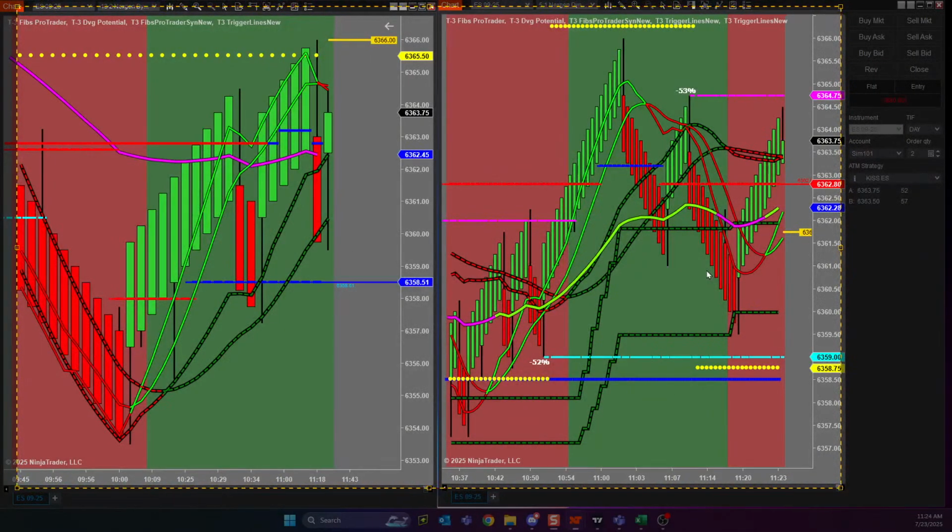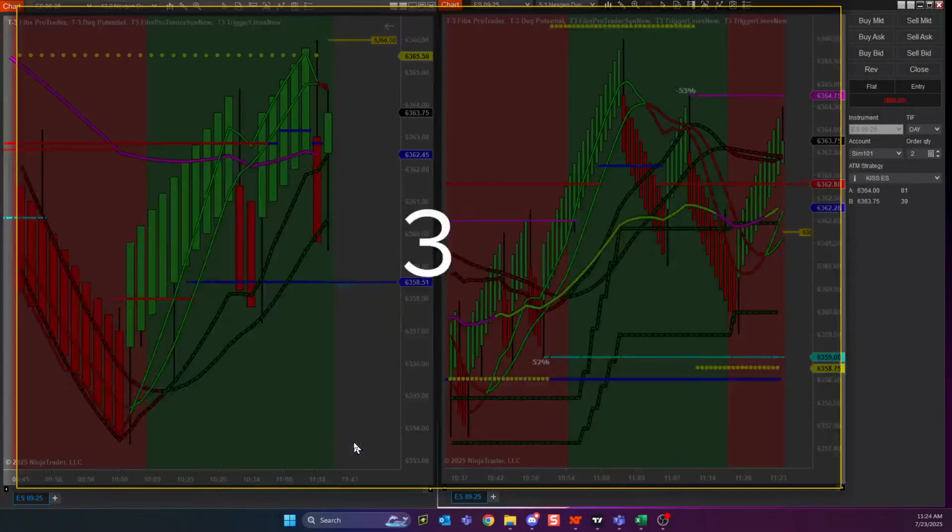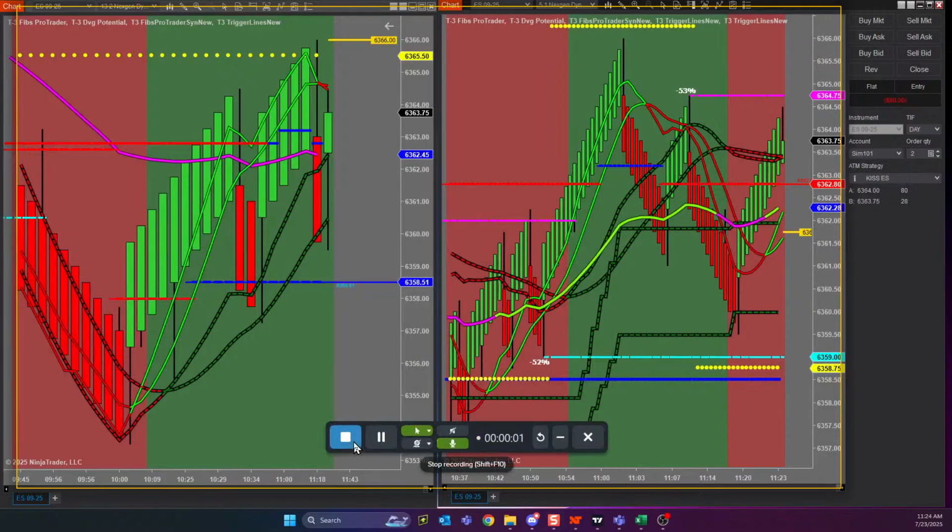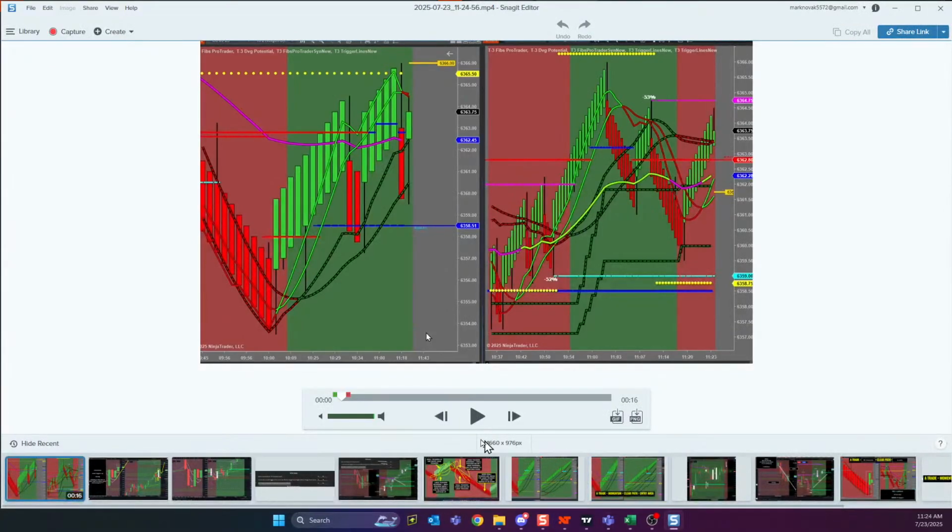And here comes the trade. 3, 2, 1. And watch how you can talk yourself through it. You're like, oh man, I've got strong triggers and strong triggers are amazing, and I can't wait to go long because my trend is up. And I'm looking over here and I still don't have a clear path. And this is what I need to see. Let me just stop the recording because there's nothing there.